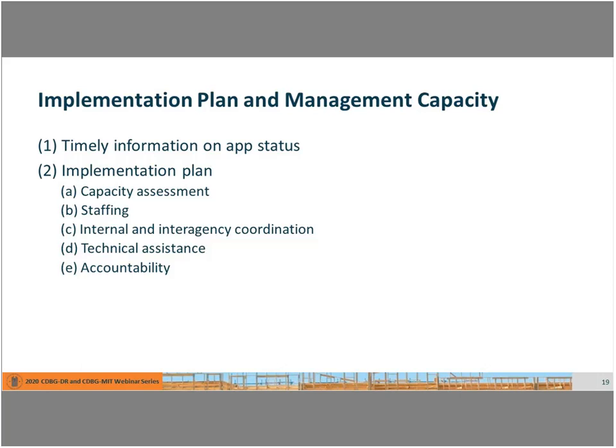On the implementation plan, Sue's going to get more into capacity assessments a bit later. She'll also talk a fair amount about the staffing. One thing I'll throw in is to be realistic about this. It's really impactful on your ability to deliver effectively.